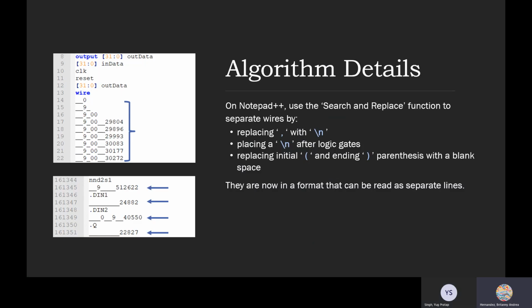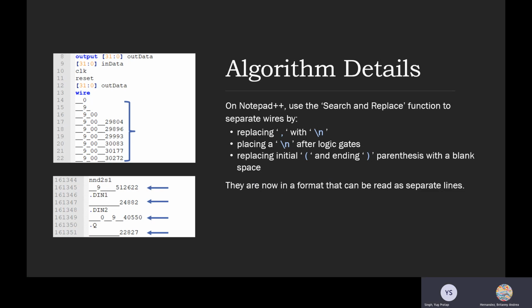Here are some algorithm details. First, using the provided files, on Notepad++, the search and replace function is used to separate the wires by replacing comma with new space, replacing a new space after logic gates, and replacing the initial parentheses and the ending parentheses with a blank space.